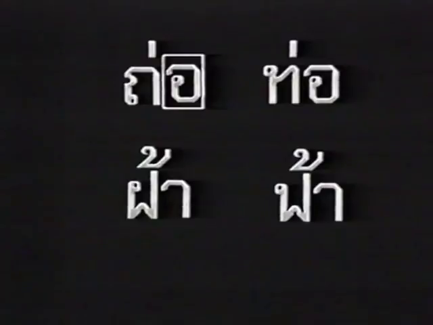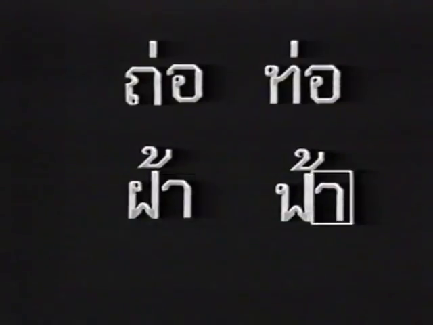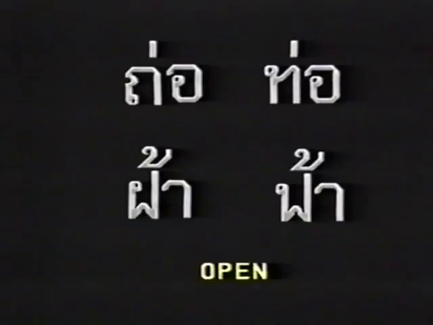You may have noticed that in all of the examples so far, marked words have also been open. This is the normal case. The only time a tone mark should be added to a closed word is when you want to override the word's tone as given by the rules for unmarked closed.